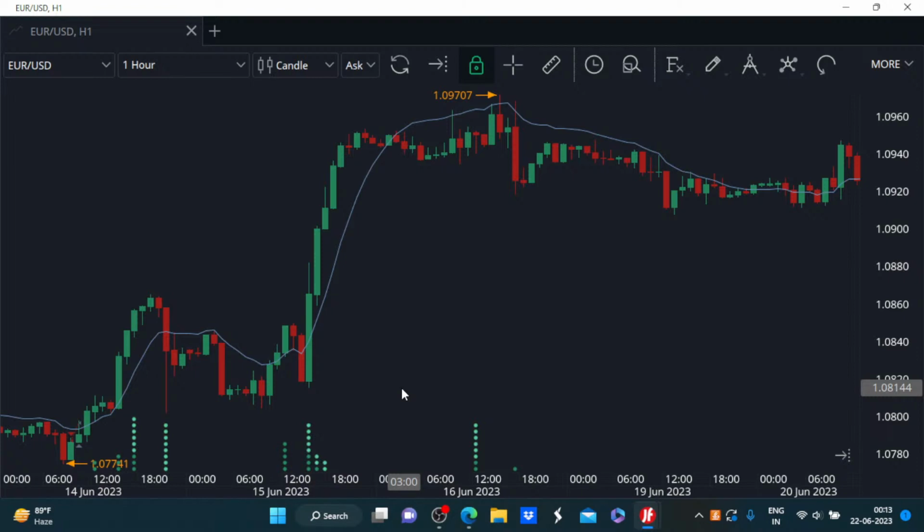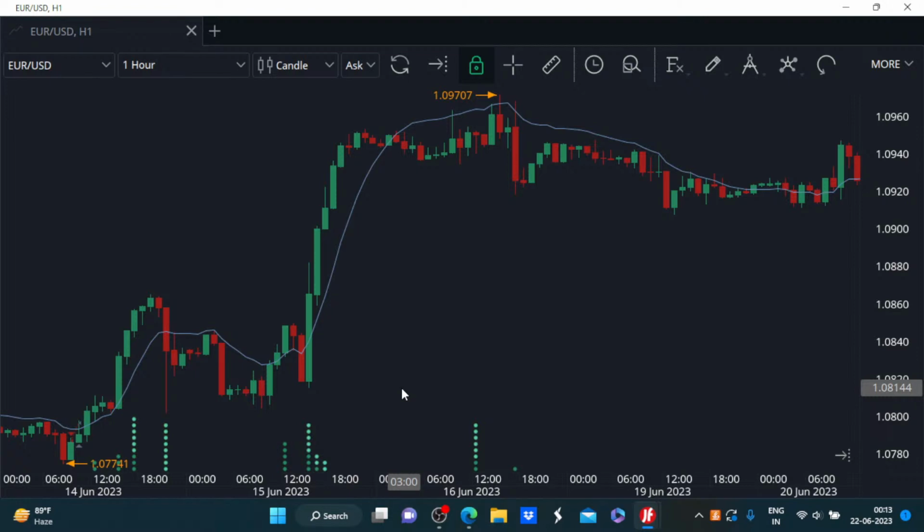You have to keep in mind that not all the signals generated by these indicators are going to be profitable. Some of the trading signals generated are also going to end up in losses, and we need to be ready for that and figure out filtering mechanisms to minimize this sort of loss.